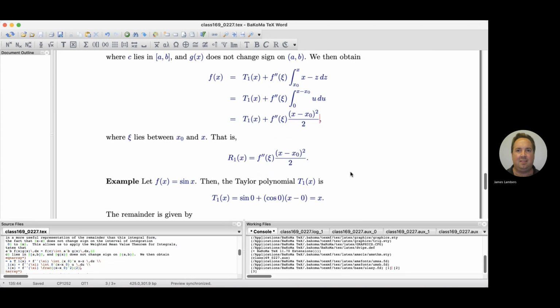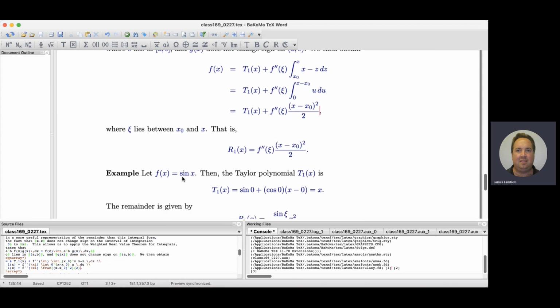Okay. So as an example, we have f of x is sine x. So I want the first degree Taylor polynomial. So I evaluate sine x at 0, and then plus its derivative, which is cosine of x, also evaluated at 0, times x minus 0.